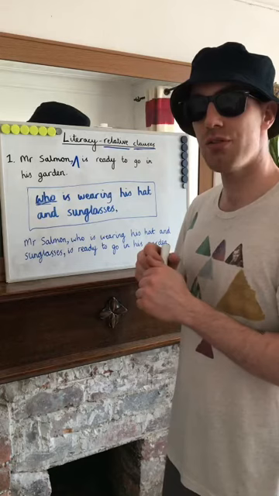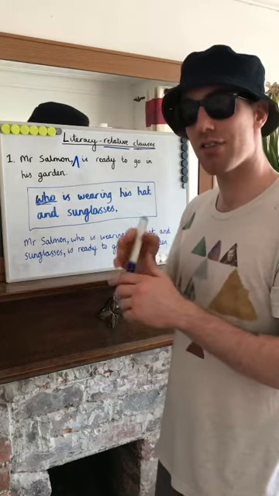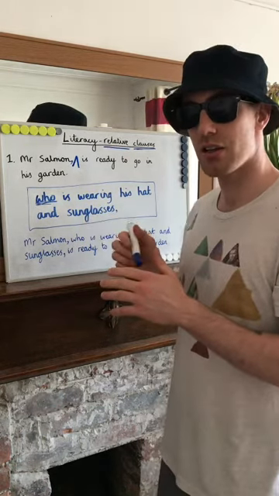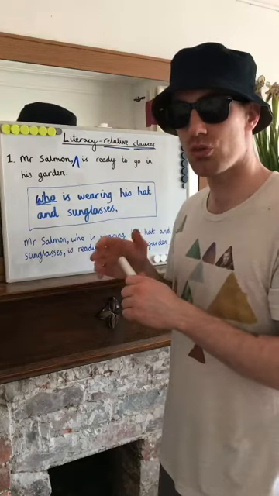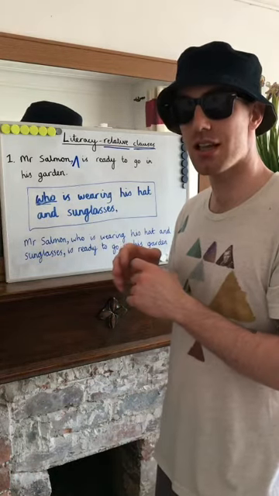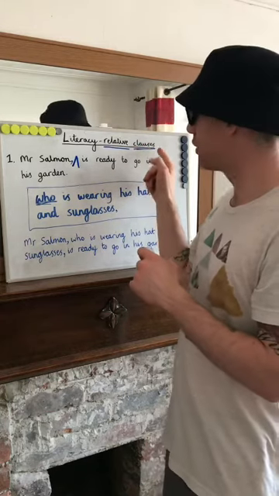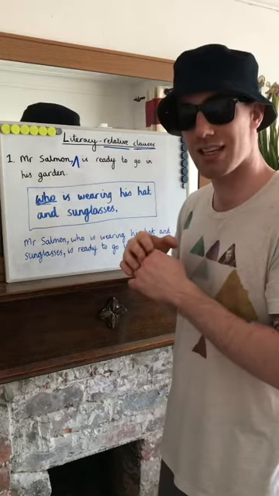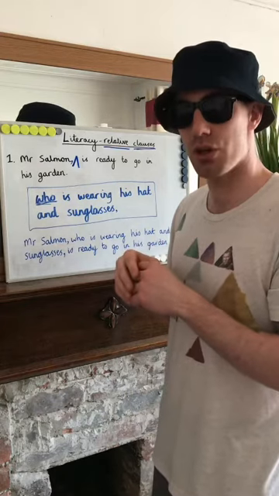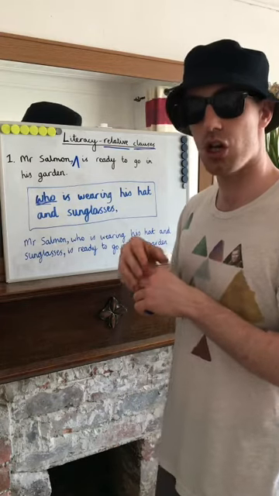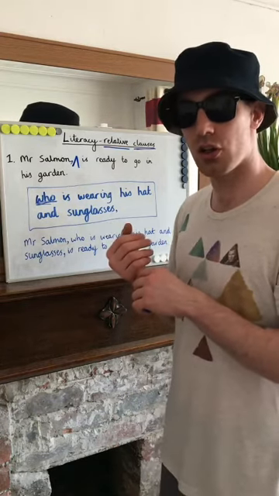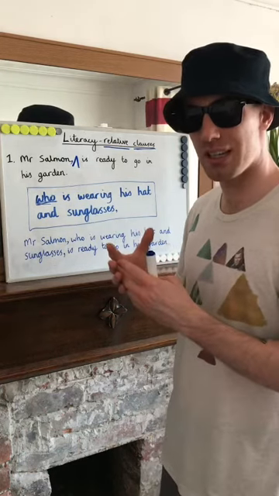Now, I'm going to give you some sentences after this to see if you can add your own relative clauses into the sentences. Remembering that it's going to be a piece of extra information relative to something in the sentence. It doesn't always have to be a person. It could be an object in your house. It could be a building. It could be an animal.